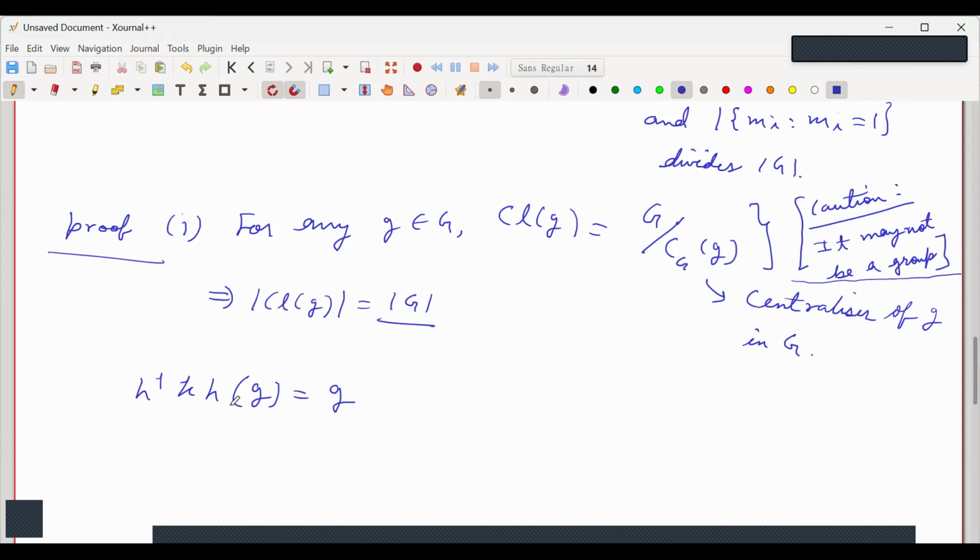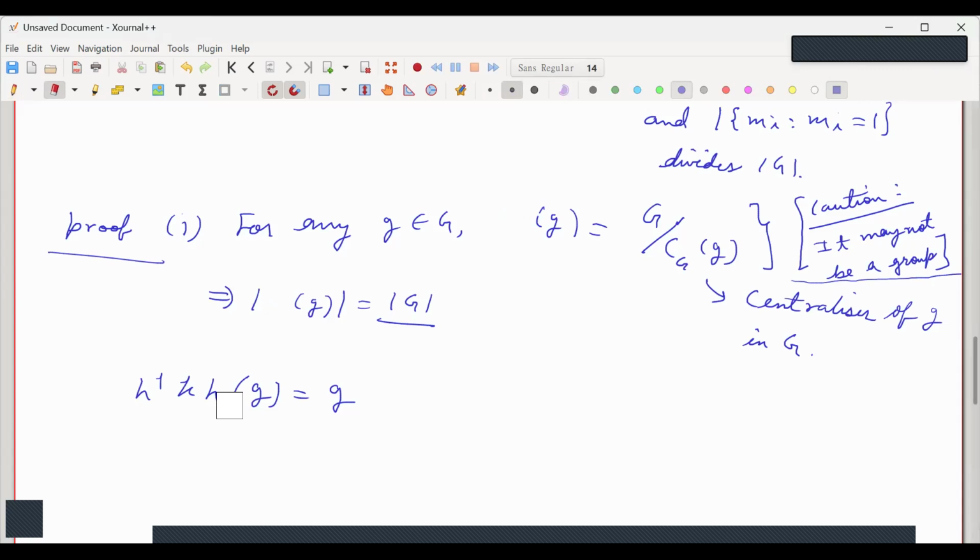It's a group if and only if it is the identity, because the identity forms a singleton set as a conjugacy class, and no other conjugacy class contains the identity. So except for the identity, there is no possibility of the conjugacy class being a group, right?